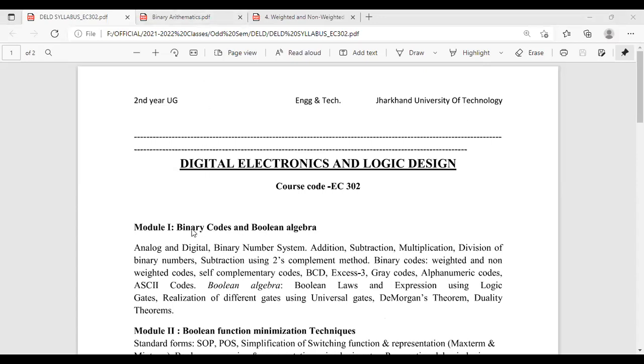Firstly, we have to go through binary codes, so the binary number system. In this case, we will have a number of systems. Let me share the whiteboard first. I think the whiteboard is visible. So we have to see the number systems.